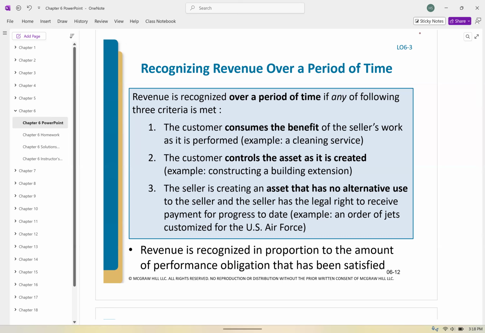The seller is creating an asset with no alternative use to the seller, and the seller has the legal right to receive payment for progress to date. Okay. Example, an order of jets customized for the U.S. Air Force. Okay. Revenue is recognized in proportion to the amount of the performance obligation satisfied.